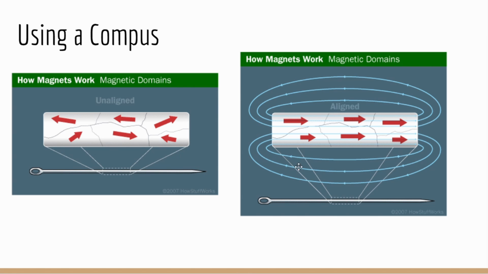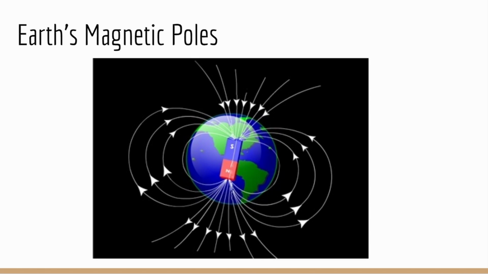Once those are aligned, we basically have a little temporary magnet, and we have those same field lines again. If we put this on the surface of water or something that allows it to rotate freely, the end of this needle will actually align with Earth's south pole. So it'll turn into a compass. That's how all these things work.